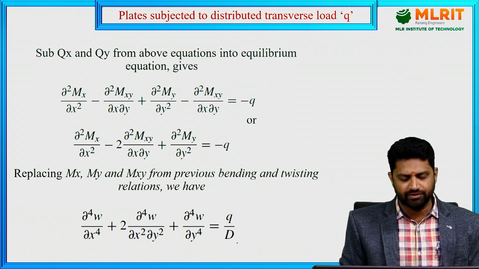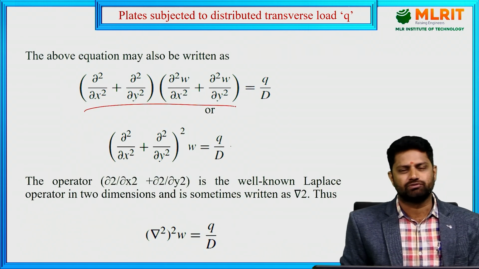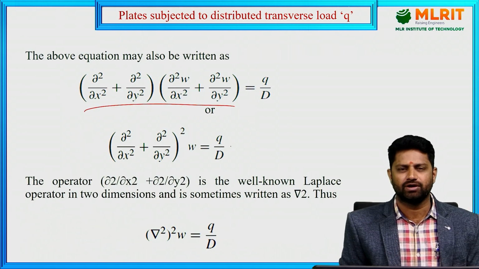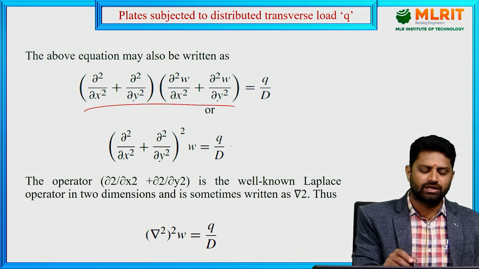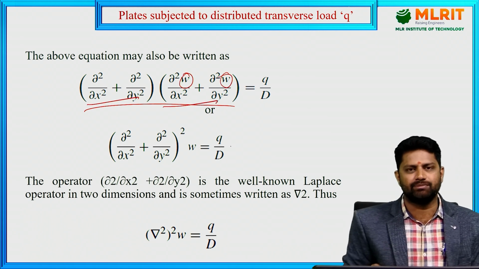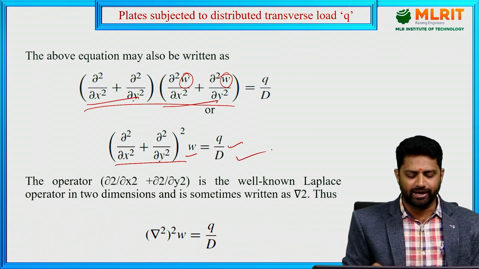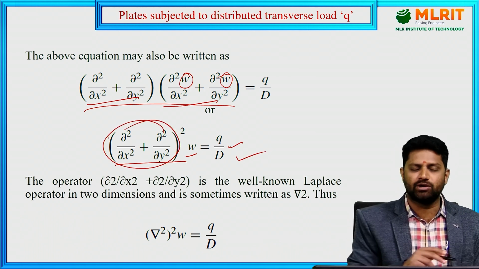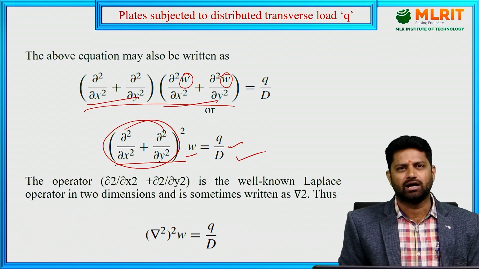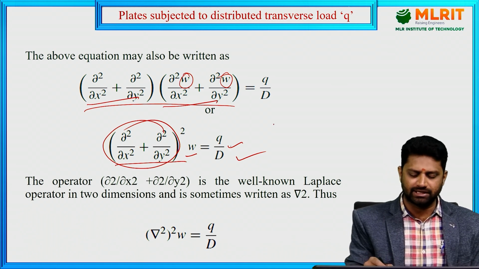Now the above equation can be further written as ∂²/∂x² plus ∂²/∂y² of (∂²W/∂x² plus ∂²W/∂y²). Taking W out, both the equations become the same, and we write it as (∂²/∂x² plus ∂²/∂y²) whole squared of W equals Q by D. This ∂²/∂x² plus ∂²/∂y² is known as the Laplace operator in 2 dimensions, and it is sometimes written as delta square.